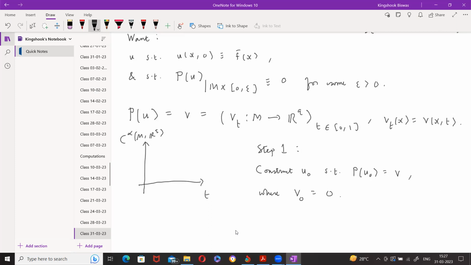What I want is Vt equal to 0 for all t in some 0 epsilon, but I'm going to first construct an approximate solution.